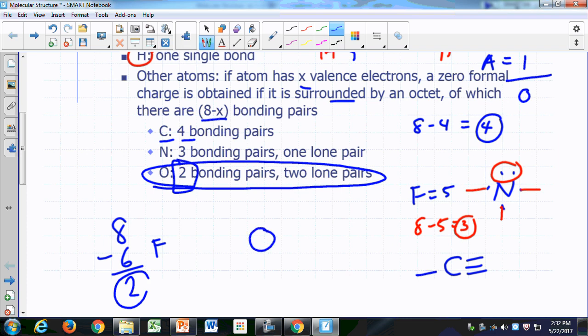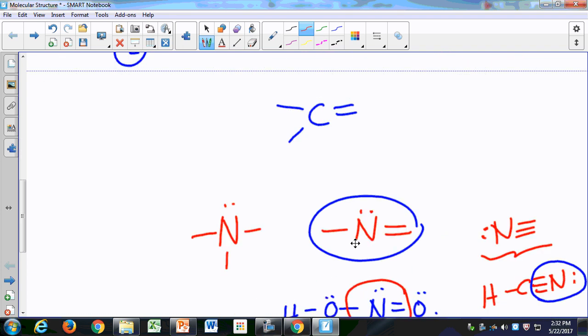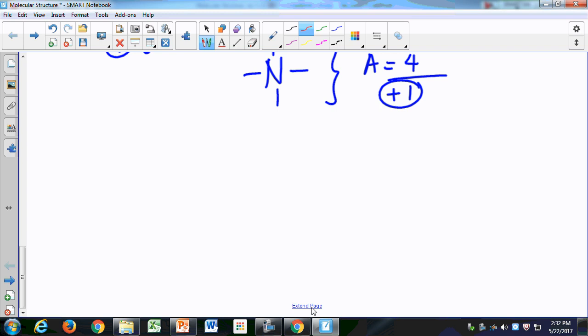Oxygen can have two lone pairs and two bonding pairs. See, if it owns 2, 4, 5, and 6, then it would have a zero formal charge. So the bonding pattern you'll find for oxygen is two single bonds and two lone pairs.